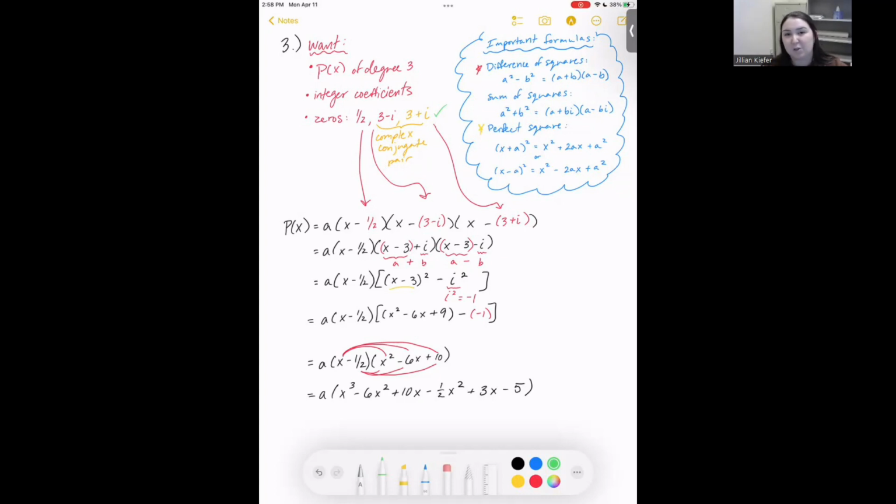And that number is going to be 2. If we multiply every single value in this whole expression by 2, that fraction will go away. Doesn't matter what happens to all the rest of them. They're all going to get multiplied by 2, but that's fine as long as we got rid of the fraction. So we're going to say a is equal to 2.